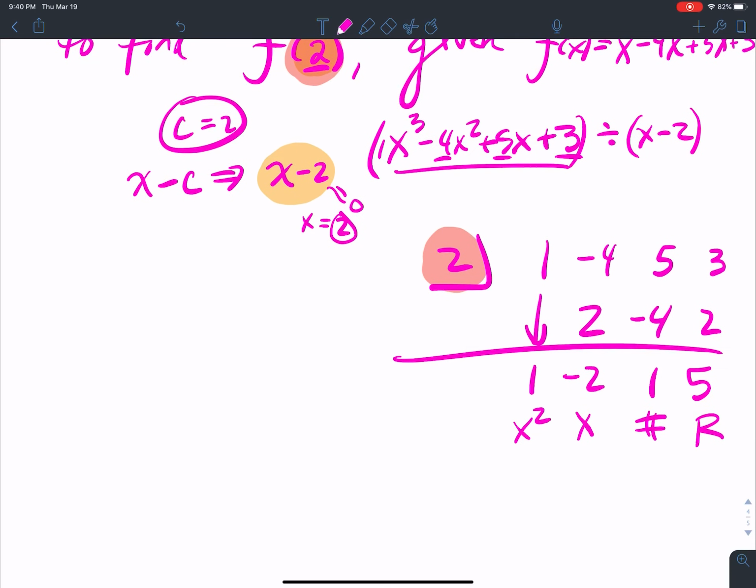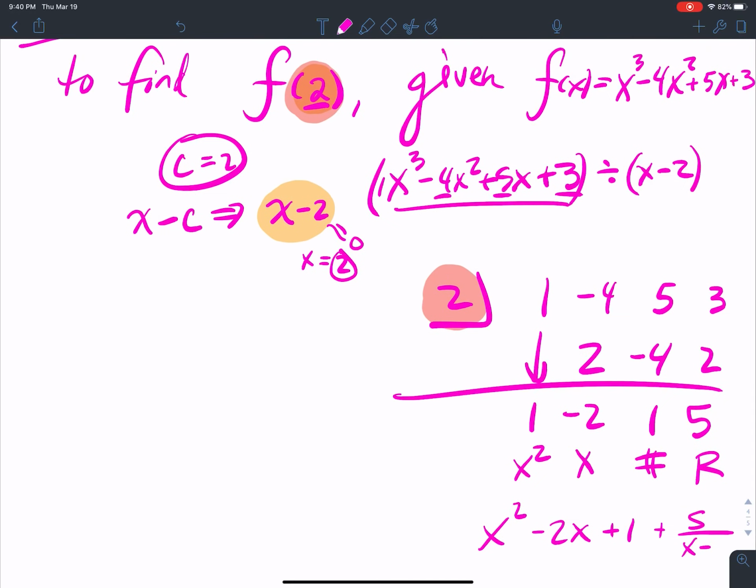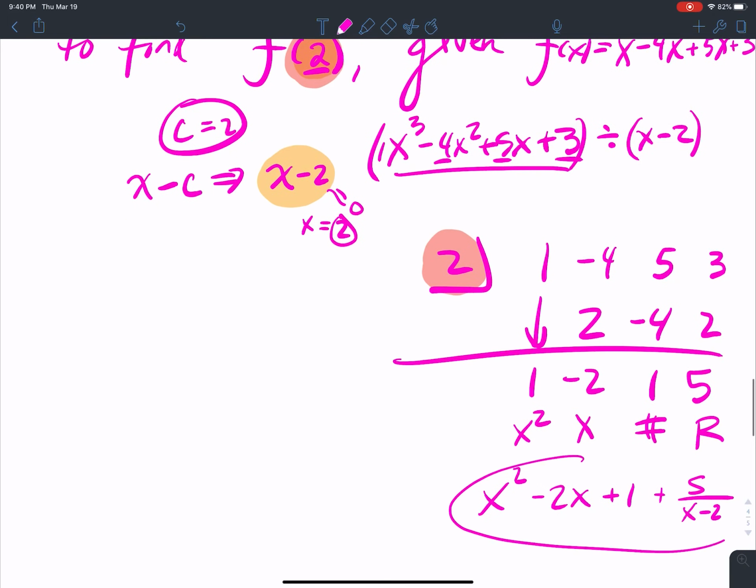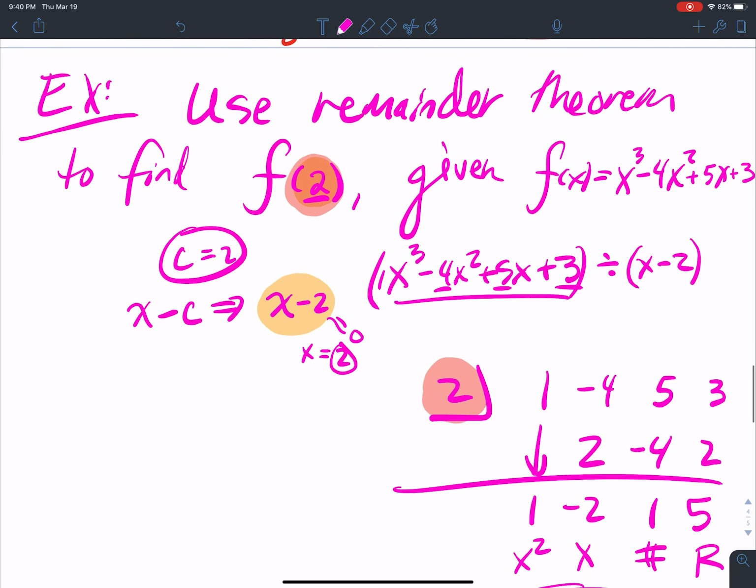So my answer is x squared minus 2x plus 1 plus 5 over x minus 2. Well, look, I don't even have to write this answer out, because what am I trying to do?